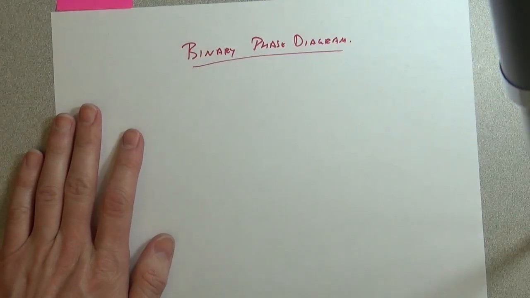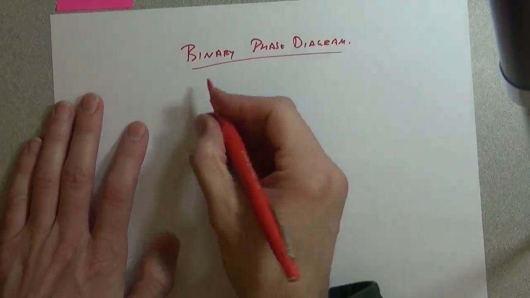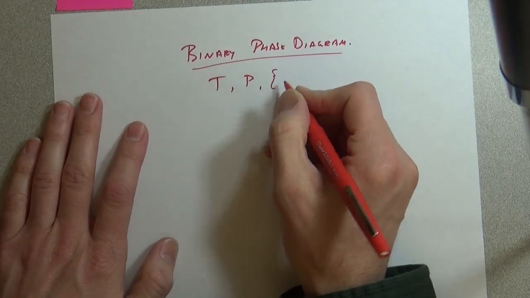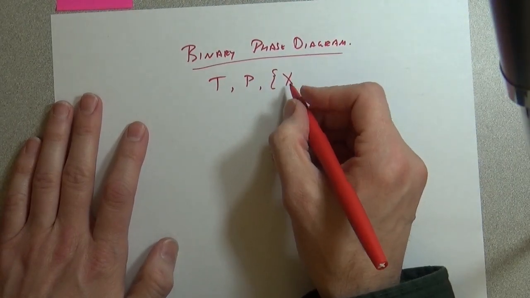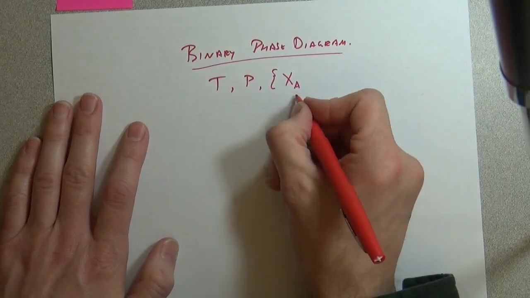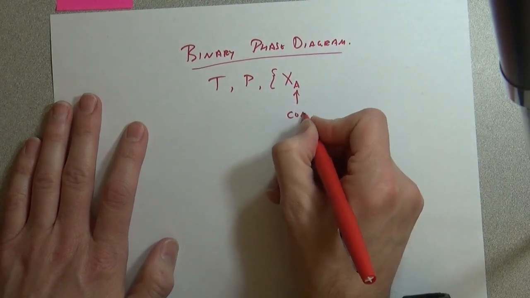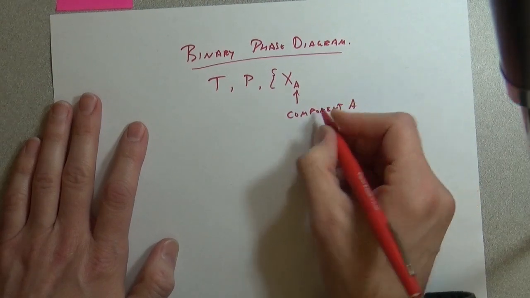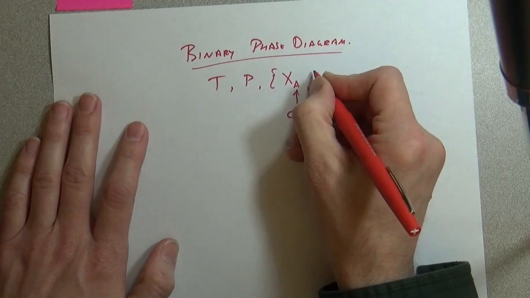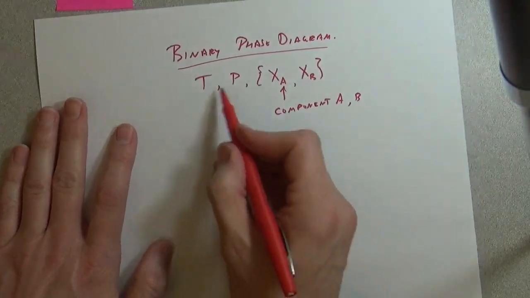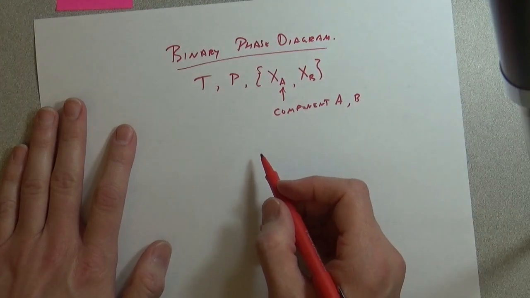Now in a binary phase diagram, we still have temperature and pressure, and now we have the mole fraction of what I'm going to call component A and B. So these are what control our system.